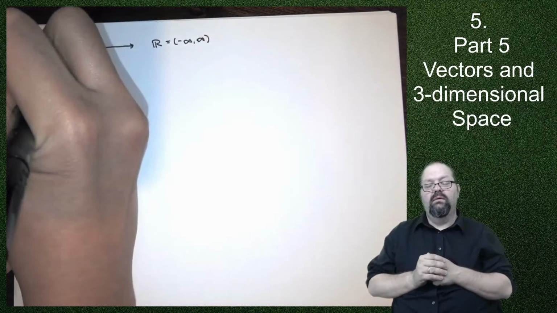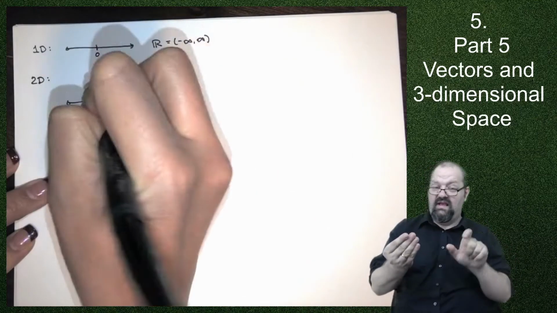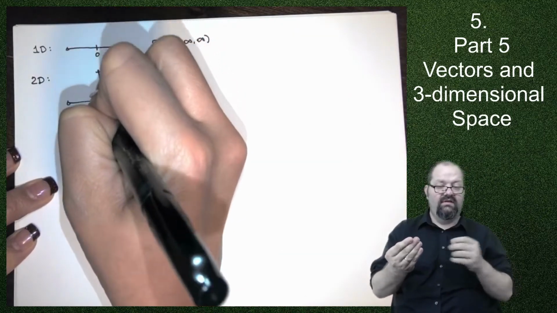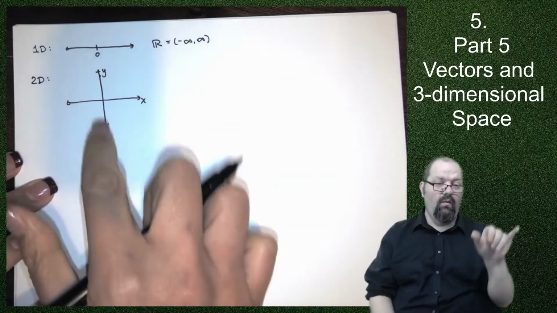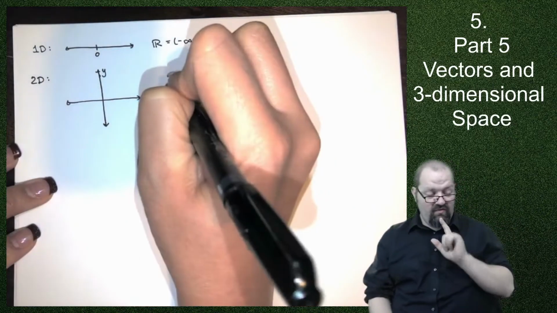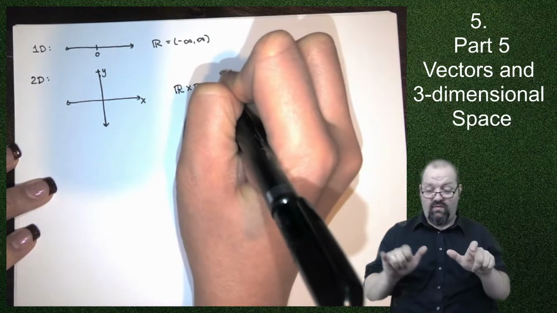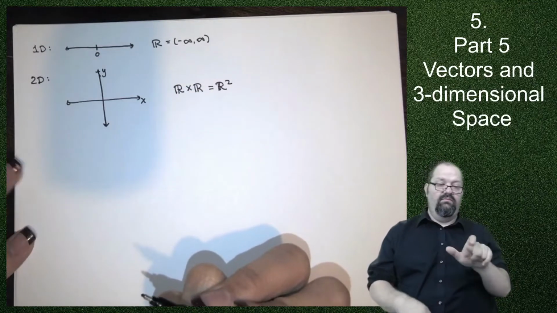Now in 2D, what we did was we took an x-axis that had all real numbers on it, and we intersected it with a perpendicular axis that we called the y-axis. This is all real numbers, and this is all real numbers. So together, x could be any real number, and y could be any real number. So it looks like that. We call it R2. That's how we read it.